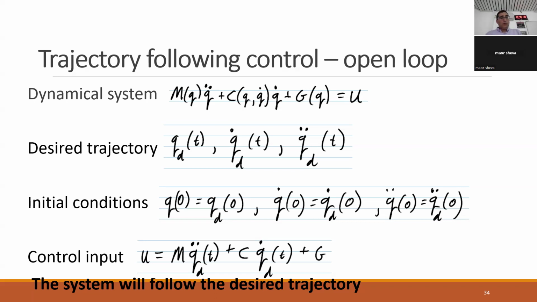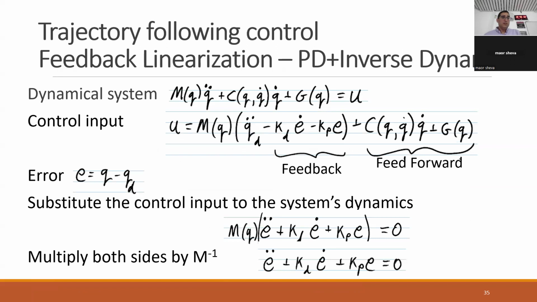And in order to do that, we are introducing the feedback linearization method. It's sometimes called PD, proportional and differential controller, plus inverse dynamics.